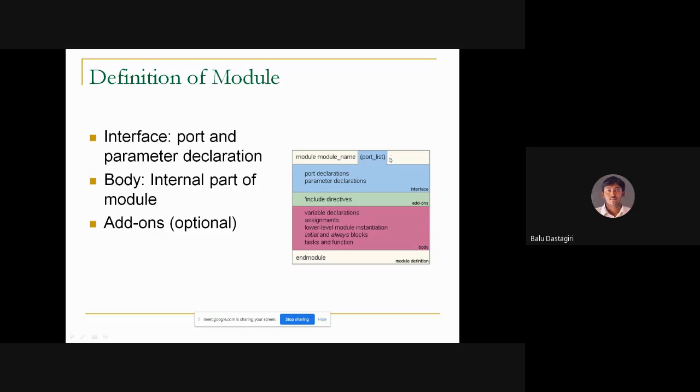The next one is the port list. Here you can specify the inputs and outputs. Whatever list of inputs and outputs you are using in your design should be specified in the port list.